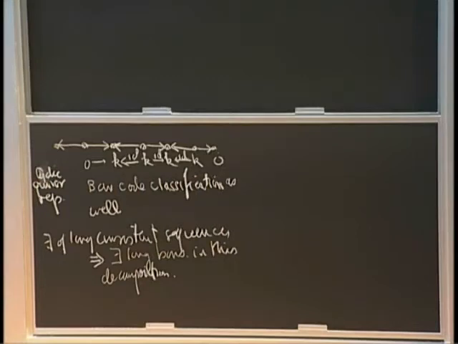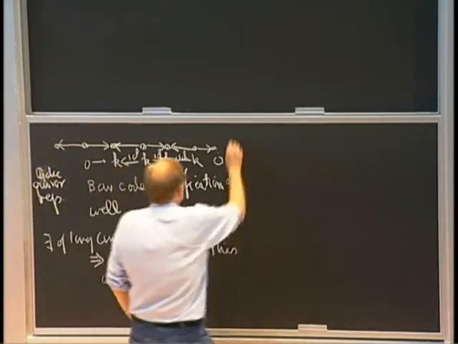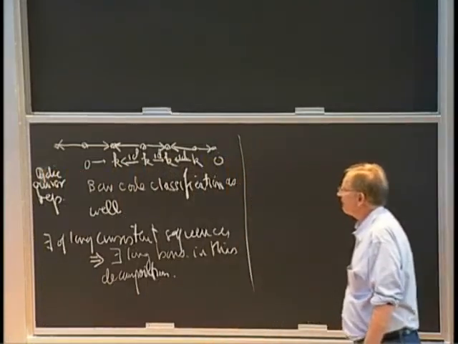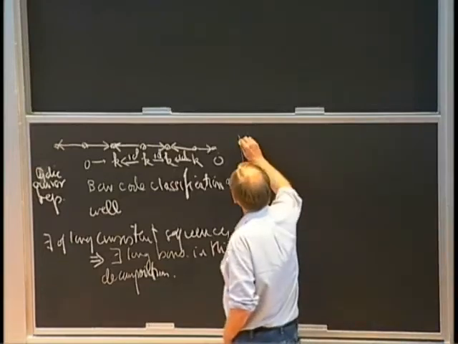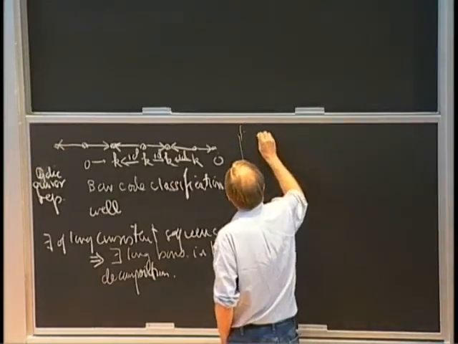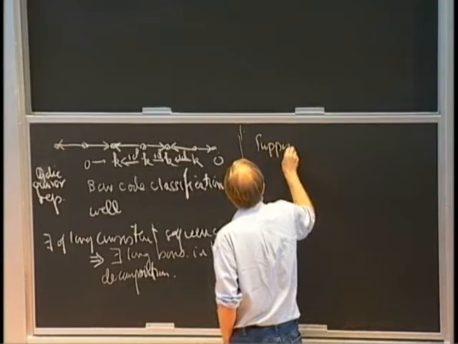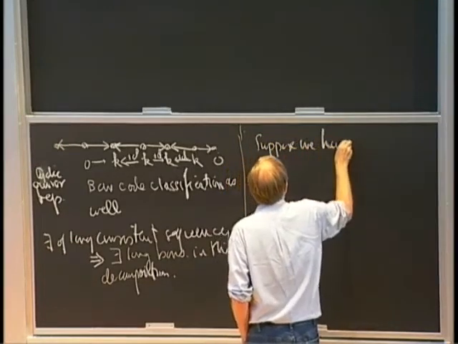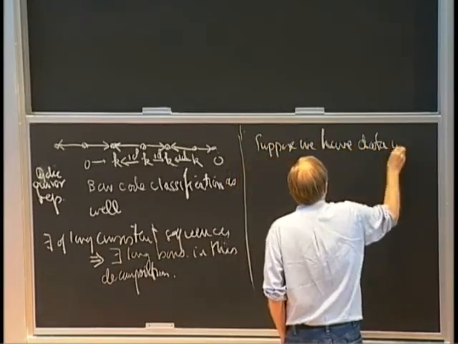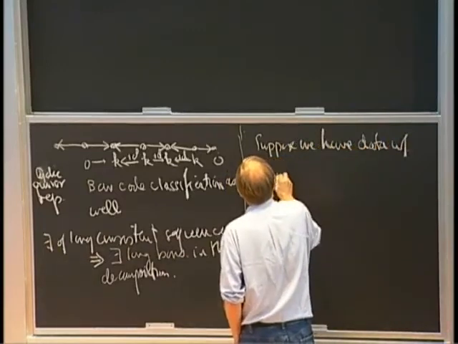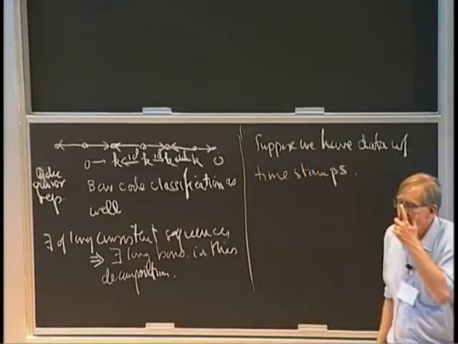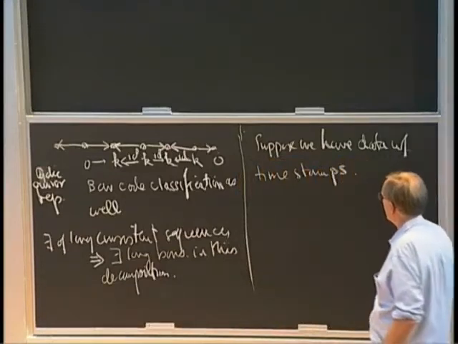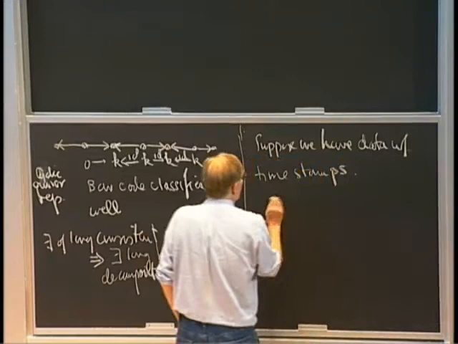Okay, now it turns out though that once you realize this, there are maybe even more interesting applications of that. So suppose, for example, that you have some time varying data. So suppose we have data with timestamp. One interesting thing that I could try to do is I could say, look, let me break up my data.